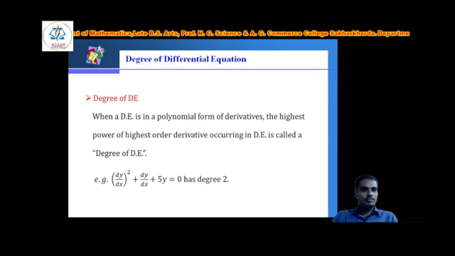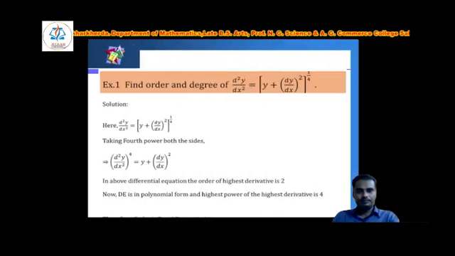Understood? What is degree? Whatever the highest order derivative term of the differential equation is, its power is nothing but the degree of that differential equation. For example, (dy by dx) whole square plus dy by dx plus 5y equals 0 has degree 2.